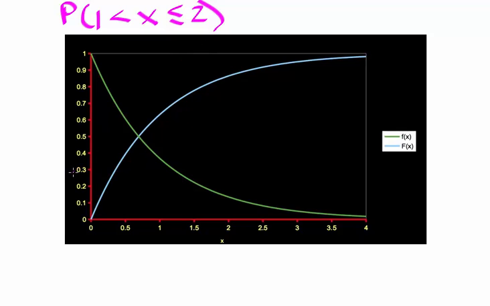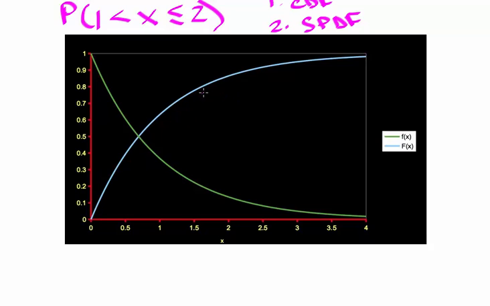What can I do? Remember, we've got two options. Option number 1 is to use the CDF, and option number 2 is to take the integral of the PDF. Let's do option number 1.